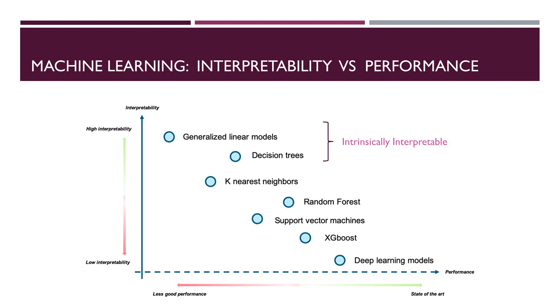And even though linear models and decision trees are very interpretable, they do not perform as well, at least not all the time, okay? And this trade-off between interpretability and model accuracy or model performance forms the crux of the machine interpretability or machine explainability problem. And this is the reason why it's so challenging to solve this problem.